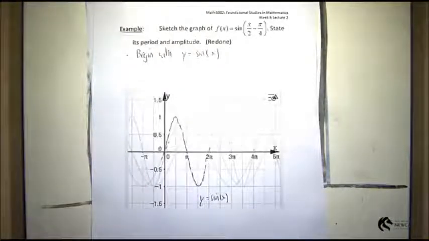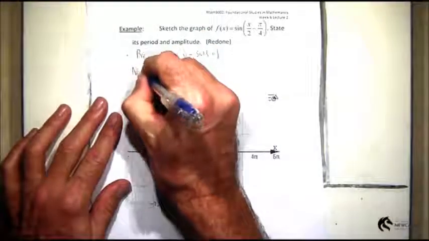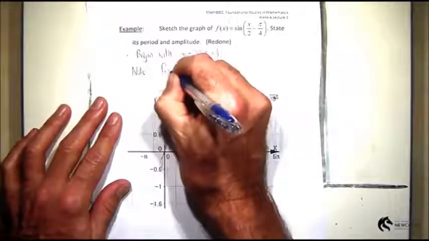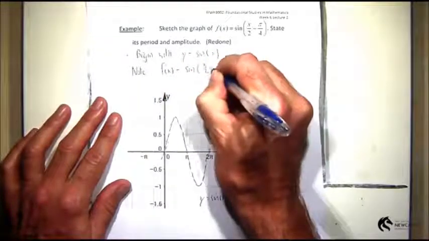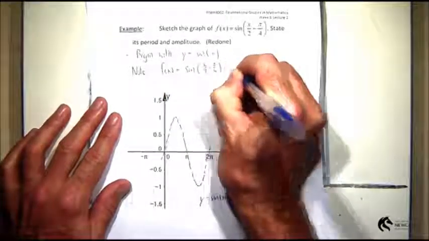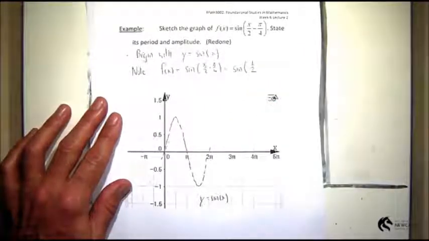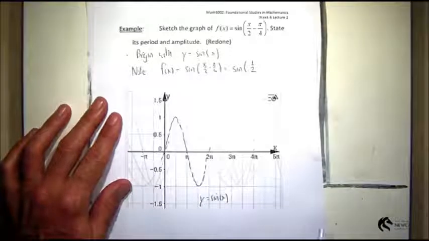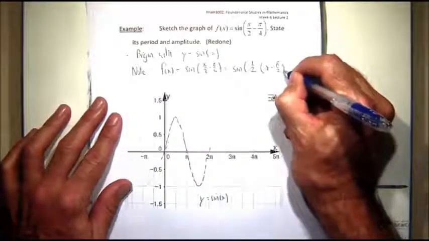I'm in the wrong spot. Doesn't matter. But anyway, note, here's the next thing. Here, f of x is sine of x on 2 minus pi on 4. And we can write that as, if I take the n, in this case a half, out, x minus pi on 2.